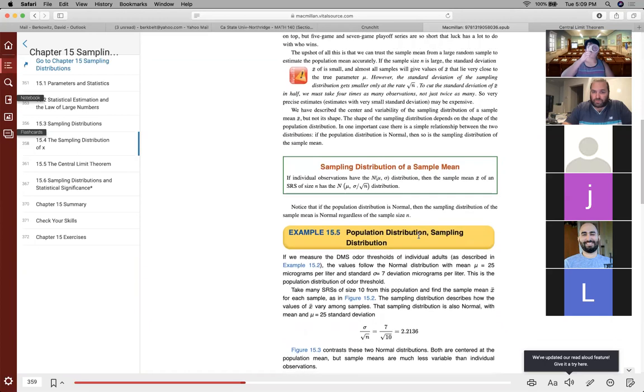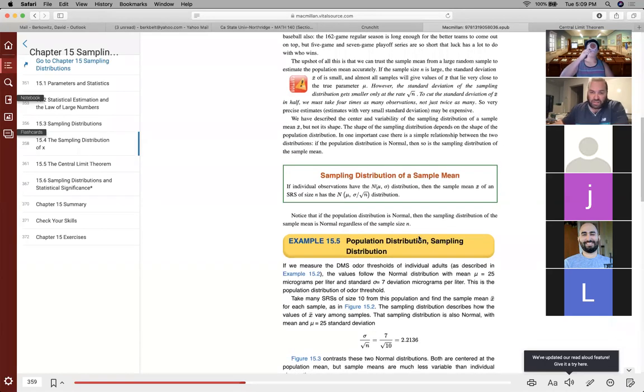Okay. So as a consequence of that, we have the box on this page. If the individual observations, if X comes from a normal with mu sigma distribution, then X bar also has a normal distribution, the same mean mu, but a smaller sigma.